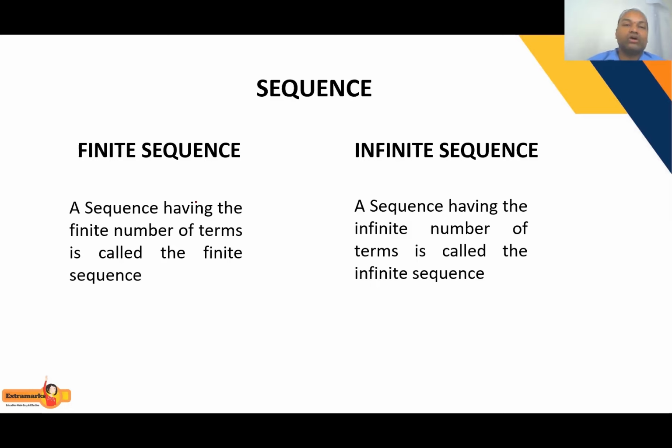In the same way, here you see finite sequence: a sequence having a finite number of terms is called a finite sequence. A sequence having an infinite number of terms is called an infinite sequence, right?